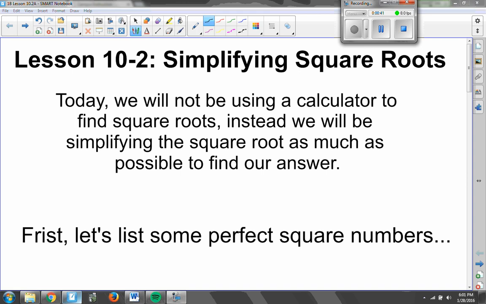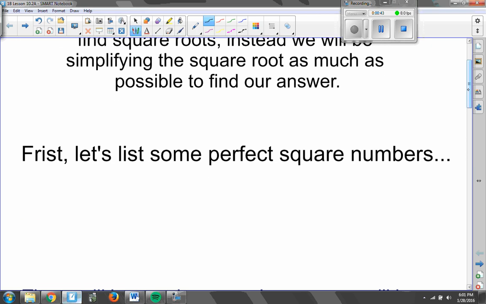But first, I would like to list some perfect square numbers that I would like for you to list in your notes, please, for you to use on your practice problems tomorrow. Okay, so make sure these end up in your notes. A list of perfect square numbers.